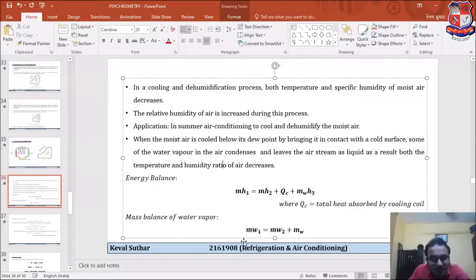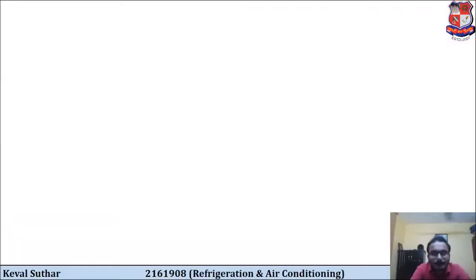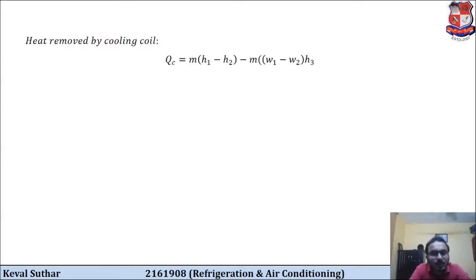Okay, so next, heat removed by cooling coil, which is QC, that will be equal to M into H1 minus H2, that is the portion due to the air, and this M into W1 minus W2 into H3, which is due to the condensation portion.